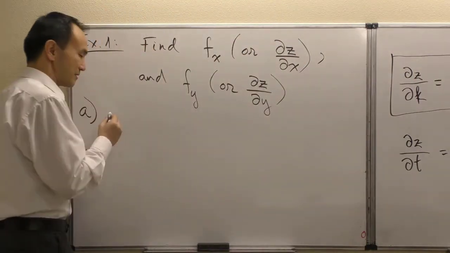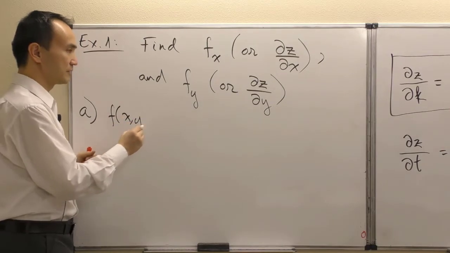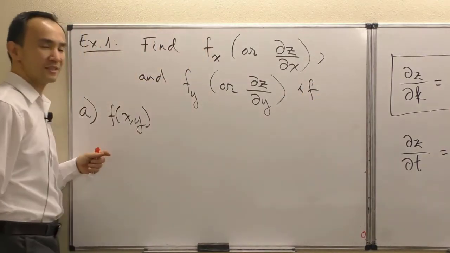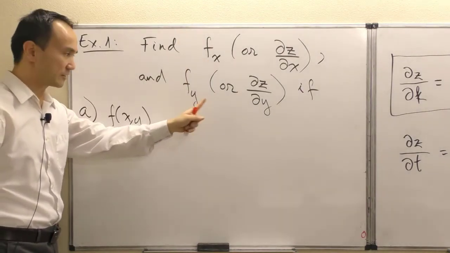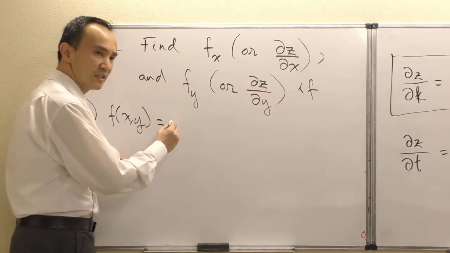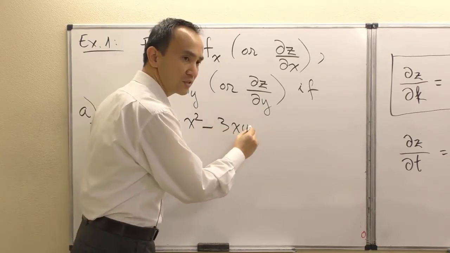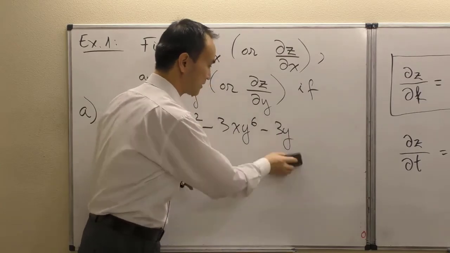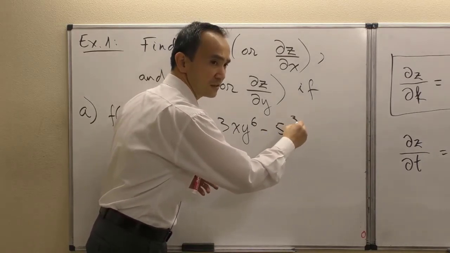All right, so now our function is f of x, y. So we want to find that partial derivative and that partial derivative, these are the equivalent symbols right here. If the function is defined as minus x squared, minus 3x y to the 6, minus 5y cubed actually.